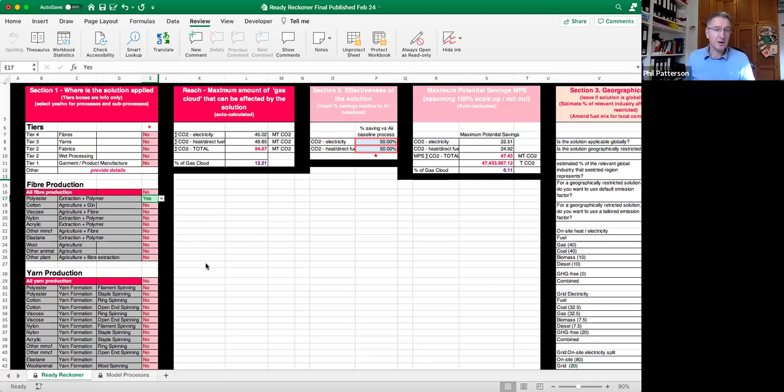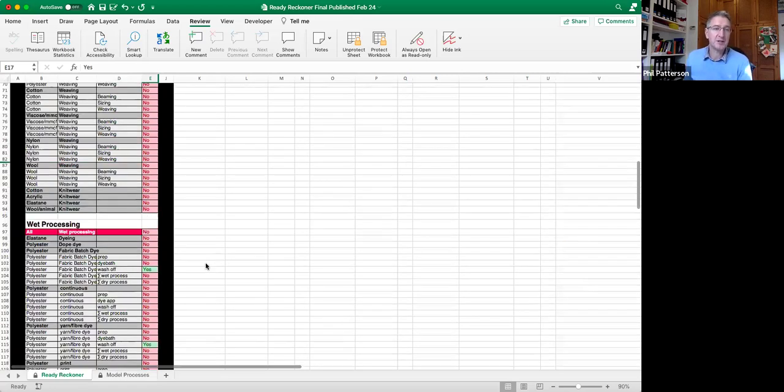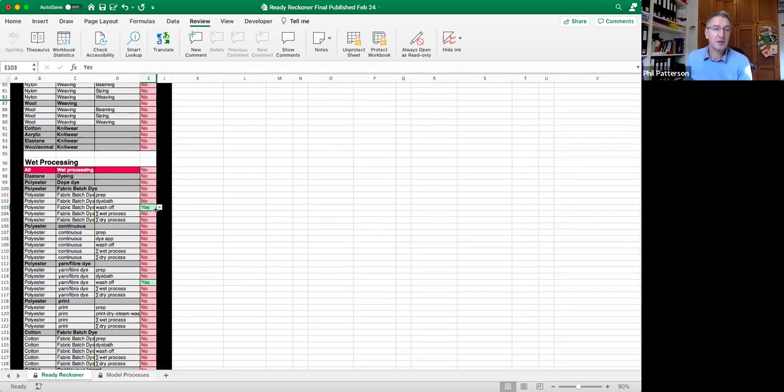We've still got to make garments. But we would be getting benefits in wet processing. So we wouldn't be dyeing fibres. So we would select the polyester dyeing options, the full processes, because we're not going to do any wet processing at all.